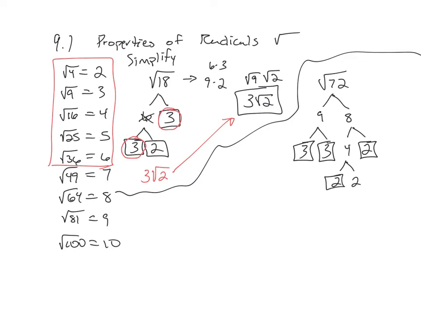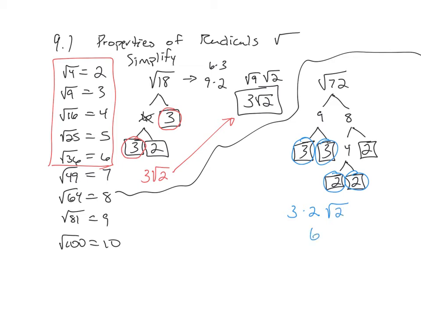Okay, 2, 2. So then I've got to deal with all the numbers that have a box around them. Okay, so I look for pairs. I have a pair of 3s, so I write a 3. I also have a pair of 2s, so I write a 2. And then what's left over is under the square root. I just have a 2 over here that's left over.